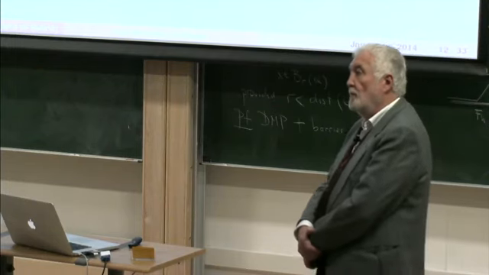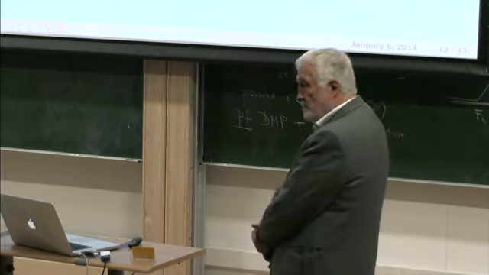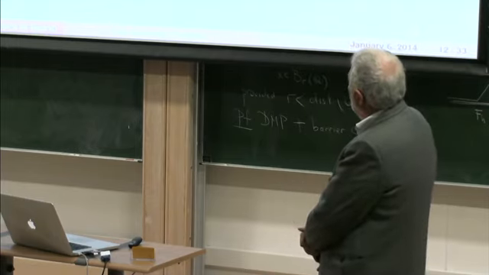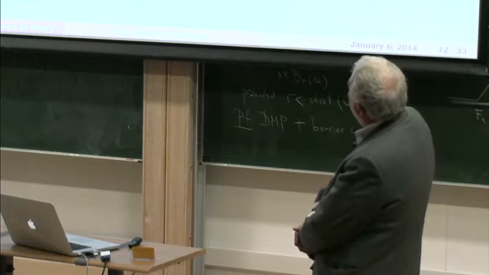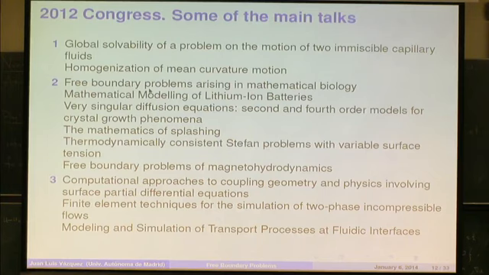Look, electrowetting is a simple case in this field. And if you go to the mathematics, which is number one, you get global solvability or homogenization. And if you go to number three, which is computation, there are finite element techniques for the simulation of two-phase incompressible flows. And maybe you will understand every word and what they mean together.